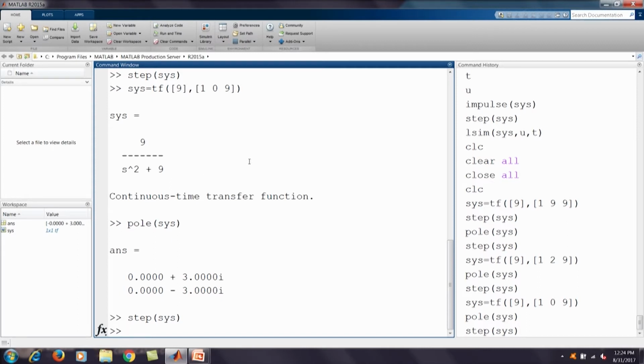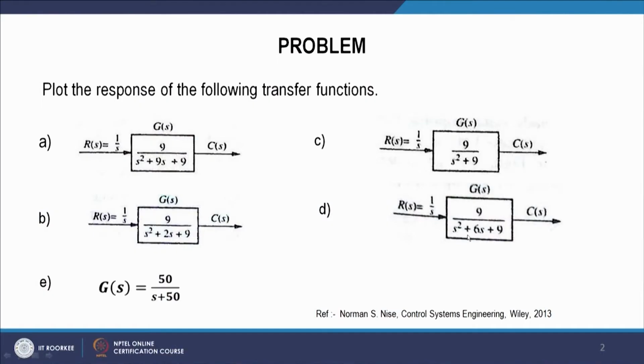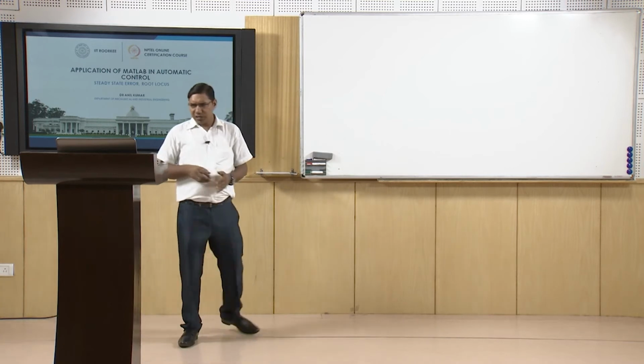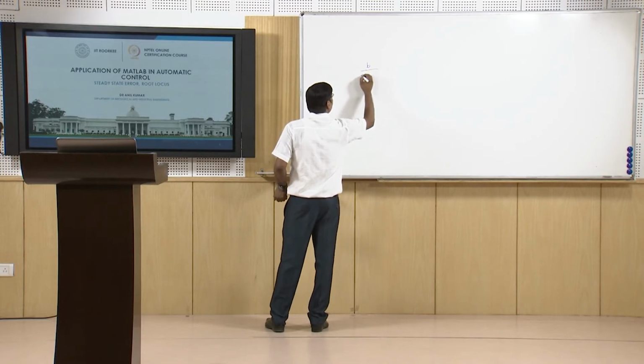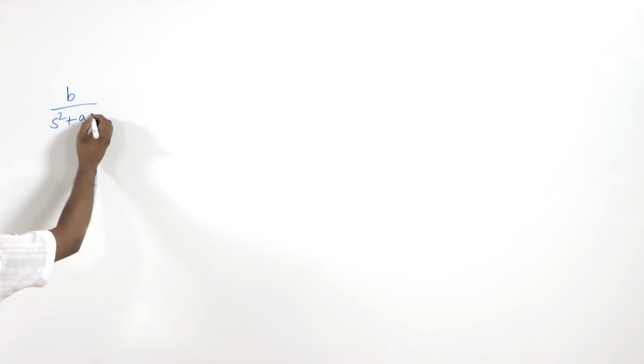Now we have another problem, 9 upon s square plus 6s plus 9. The case 9 upon s square plus 9 is the undamped case, because damping is defined if we have a system like b upon s square plus a s plus b.